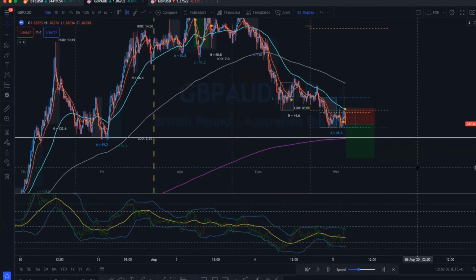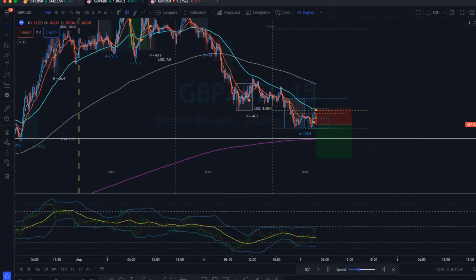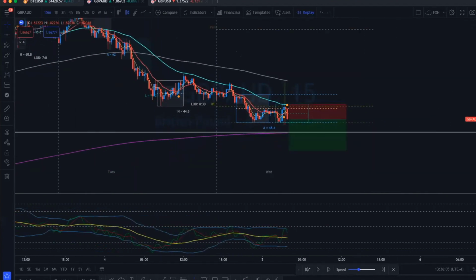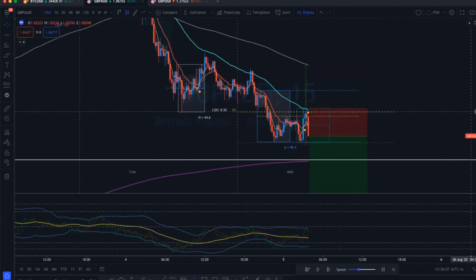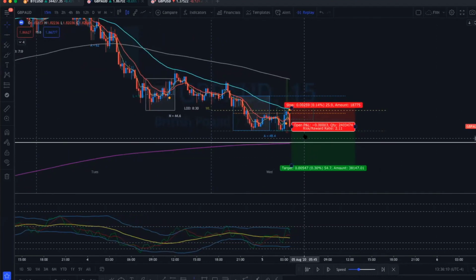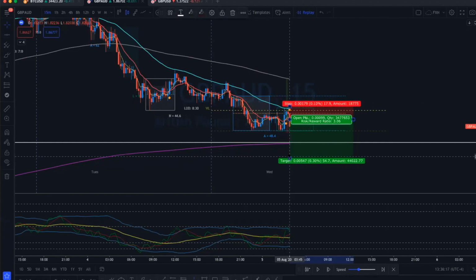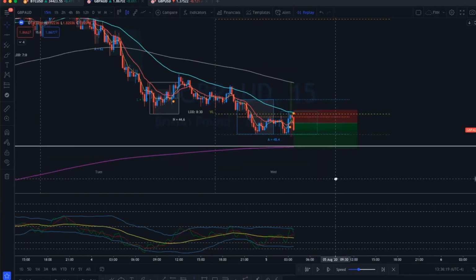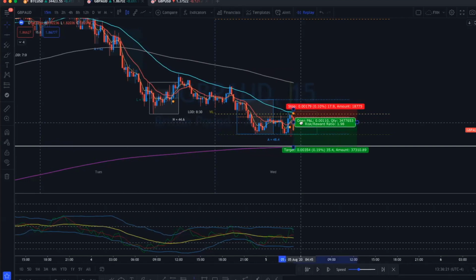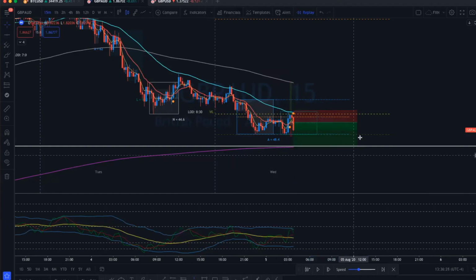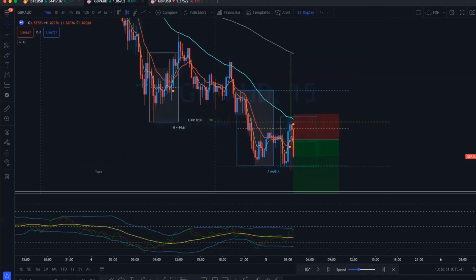So theoretically speaking, this may not be a good setup. This is not a good setup for a type 3 pattern either, right? The only way that this would make sense to be a type 3 pattern is if we get a pullback, and it's got to be a pretty big one, at least half the candle back, so we can take it to the 800, and it'd be something like that.